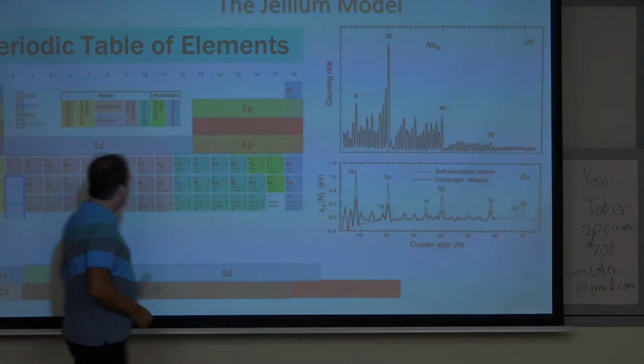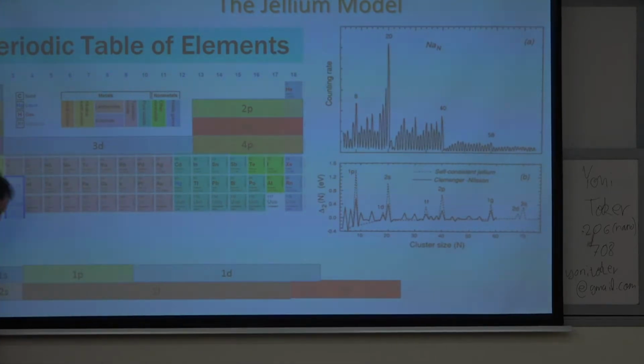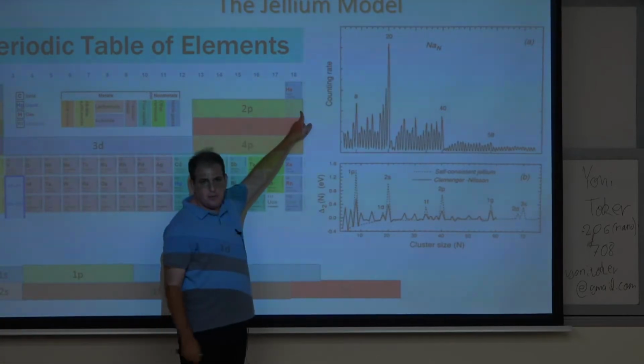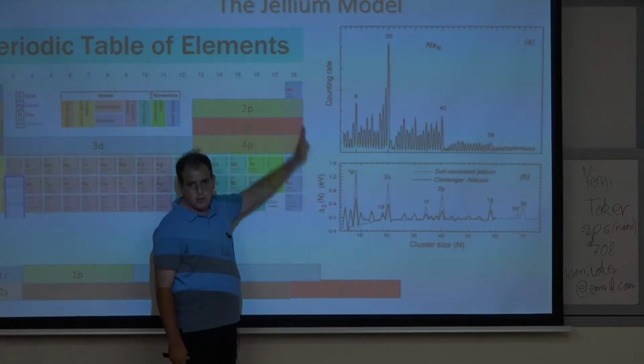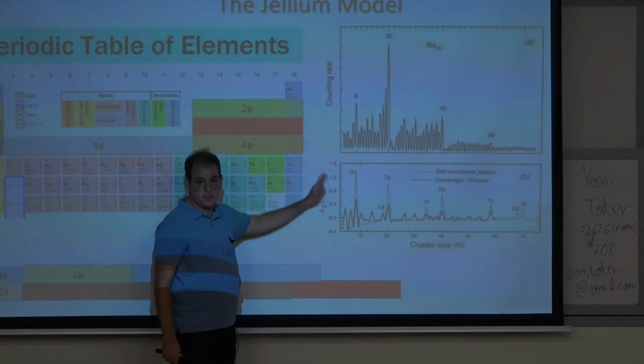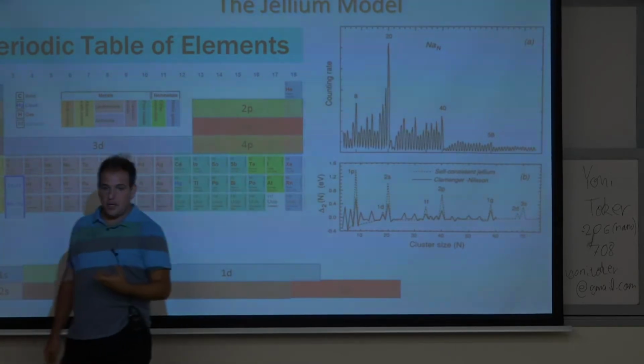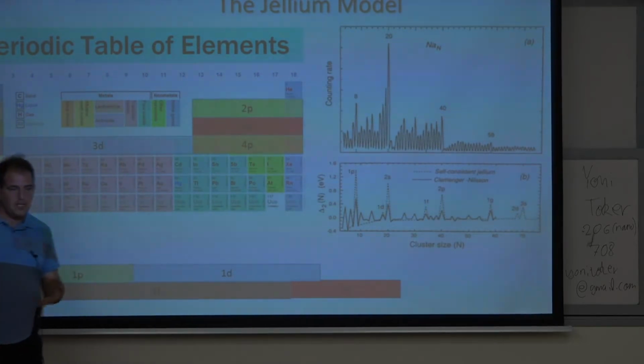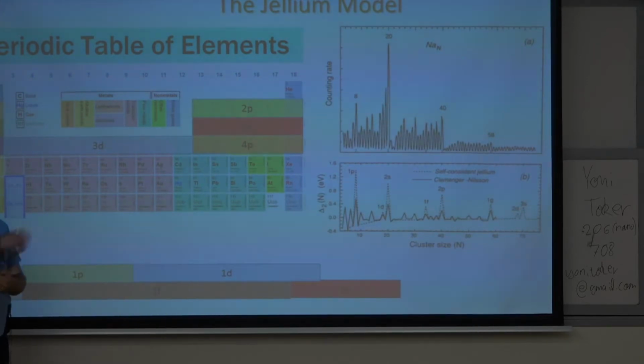And then you can keep on closing shells, and every time you close a shell, you get a very stable atom. In this case, the noble gas atoms. So something similar is happening with metallic clusters. Every atom donates electrons, and these electrons fit together into electronic shells, and every time you close a shell, you get a stable cluster.